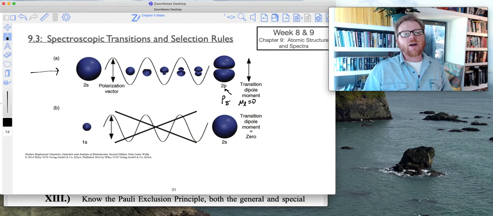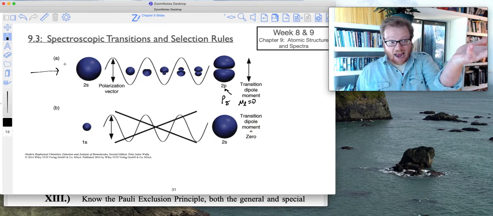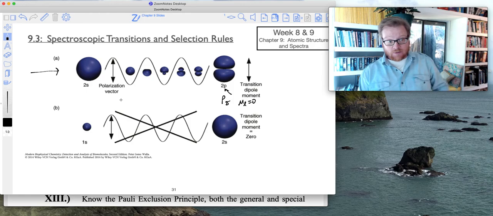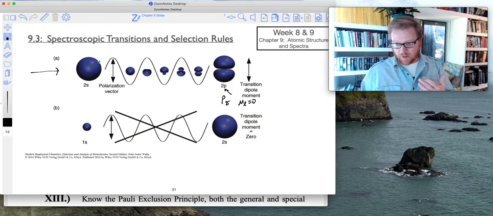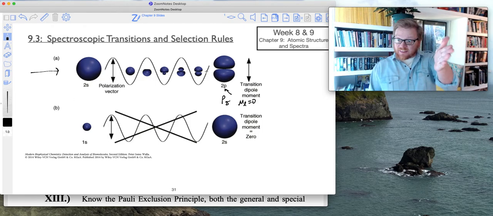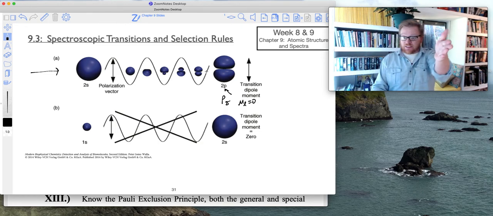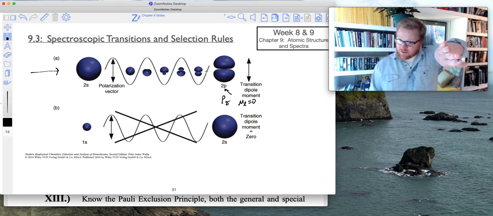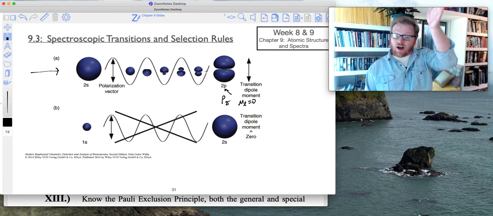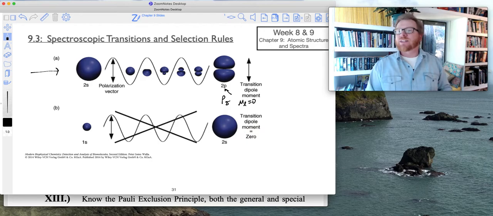So if we're shining light of all polarizations at this atom, there's going to be all of the angles bombarded on this 2s orbital. But specifically, there will be a vector in that light. If you imagine it's got all polarization vectors available, there will be a z component of that light that lines up with the z component of the atom.